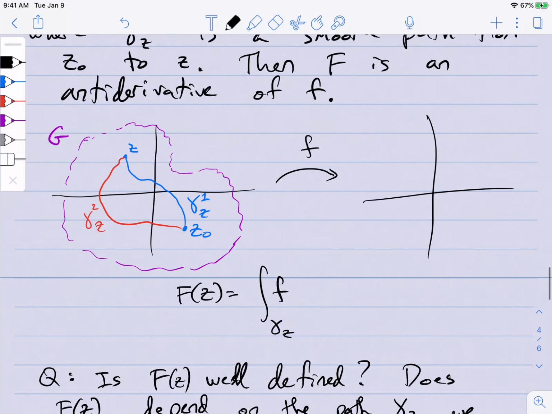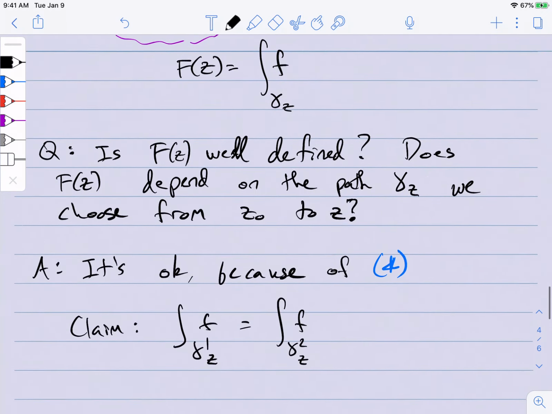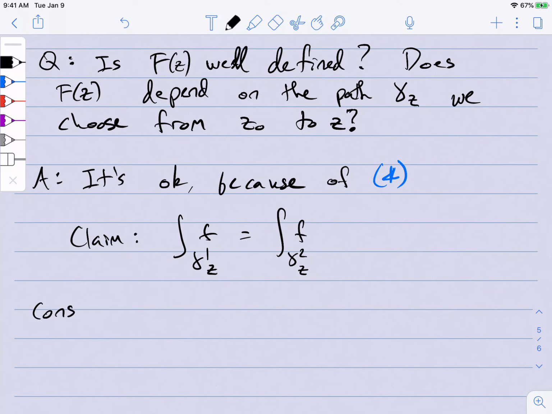And the reason is that, notice this is equivalent to saying that the integral over gamma 1z of f minus the integral of f over gamma 2z is equal to 0, right?